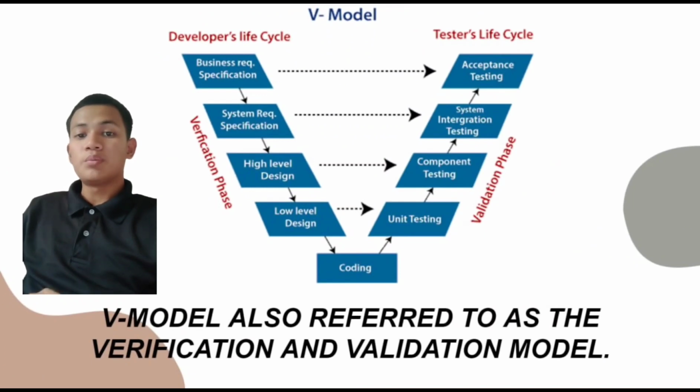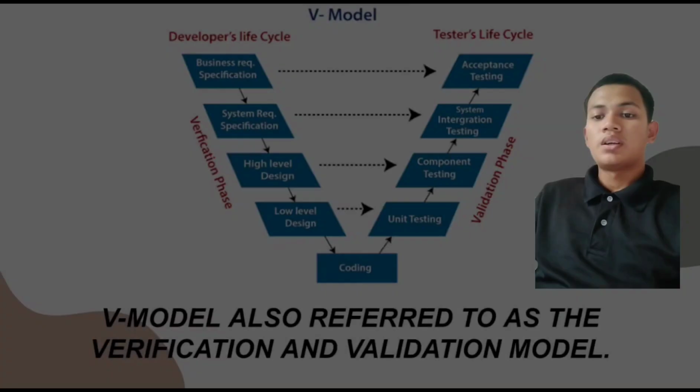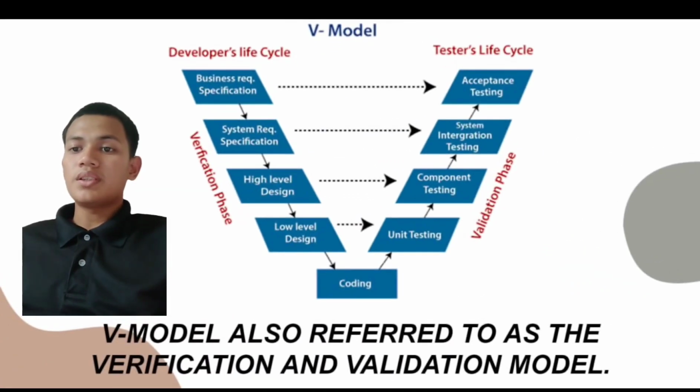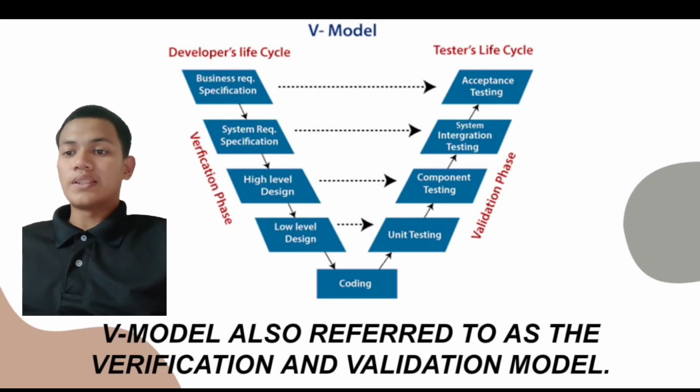We use the V-model to make validation easier to understand. V-model is also referred to as the verification and validation model. Verification involves a static analysis method done without executing code, and validation involves a dynamic analysis method.